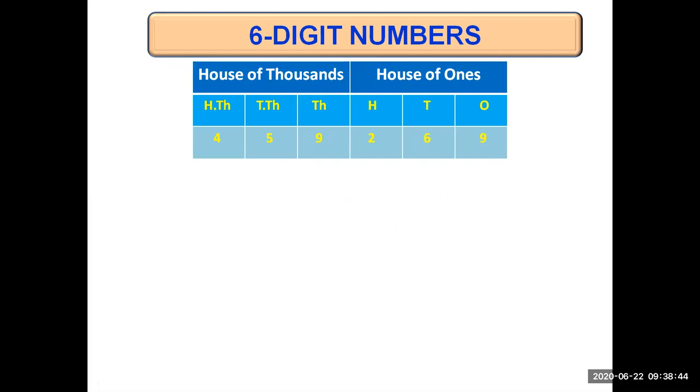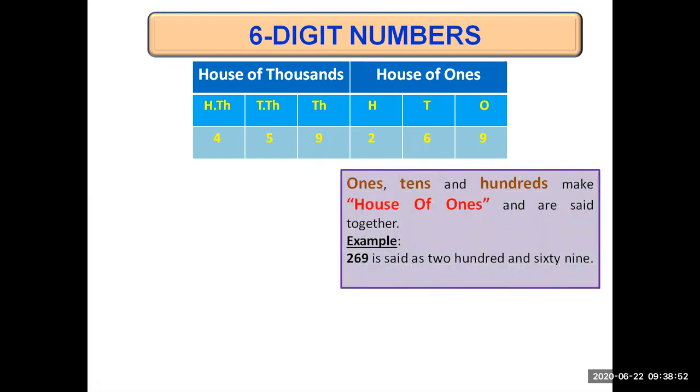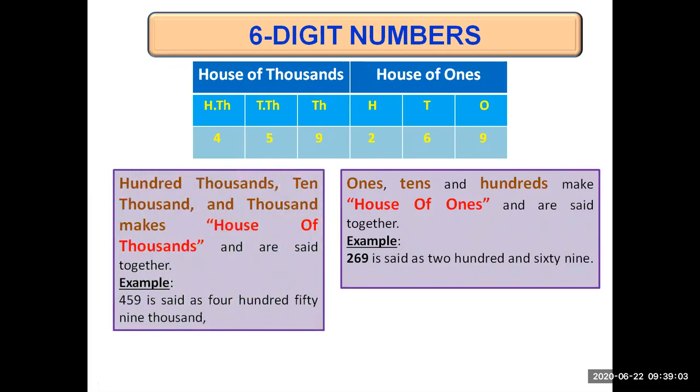Now, 6-digit numbers: we have 3 digits in the house of ones, and 3 digits in the house of thousands. Ones, tens, and hundreds make the house of ones, and they're always named together, as we have 269 here, so we say it is 269. Whereas in the house of thousands, we have 100,000s, 10,000s, and thousands.